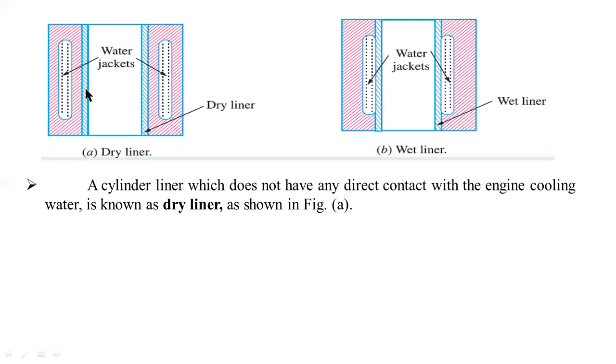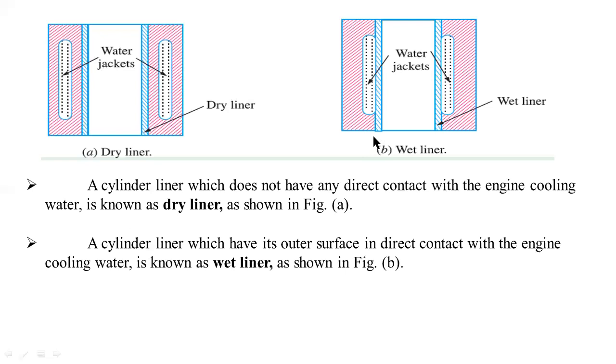There is no direct contact between the cylinder liner and water jacket, so such types of liners are called dry liners. If there is direct contact between the cylinder liner and water jackets, then those types of liners are called wet liners.